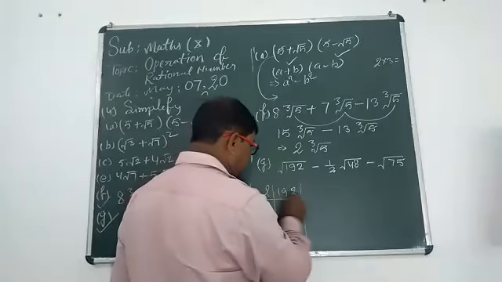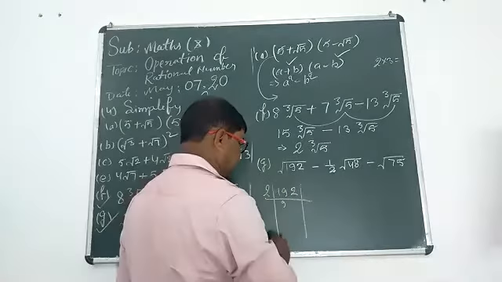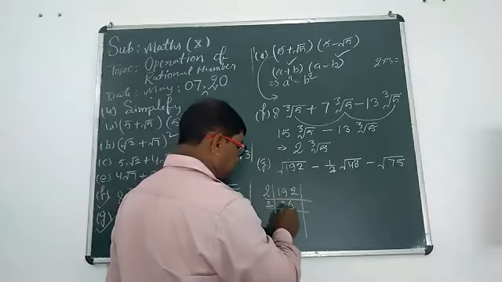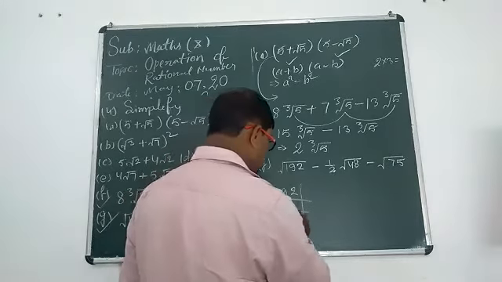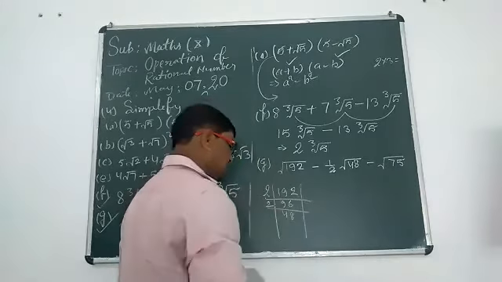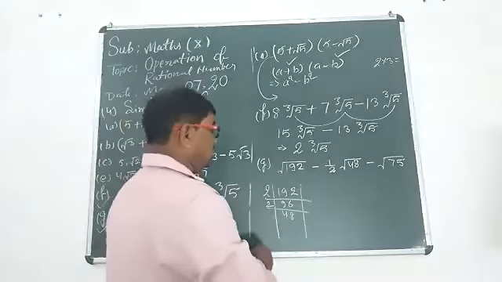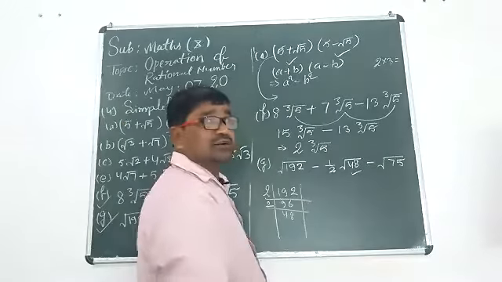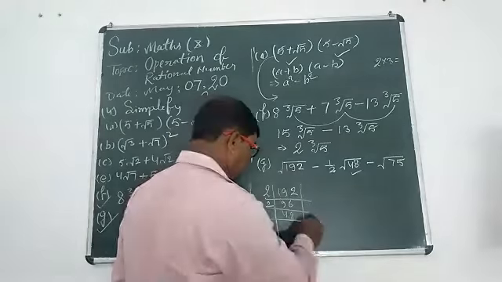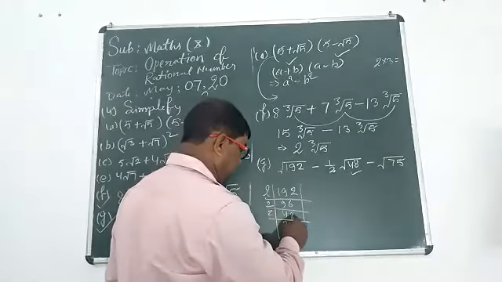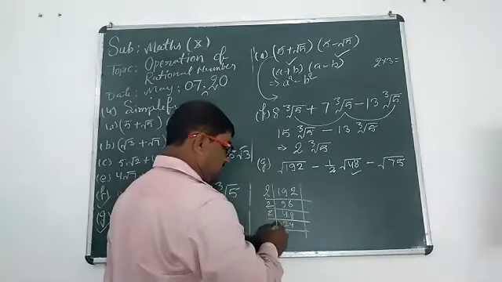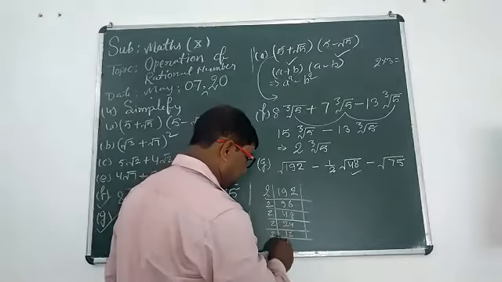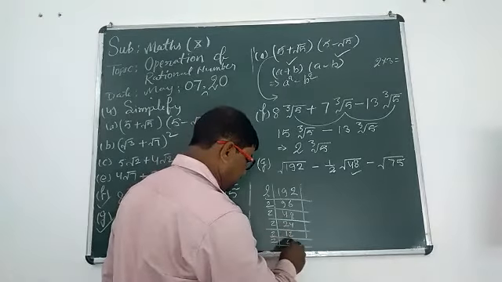You will divide by 2 first. 2 9 is 18, 2 6 is 12, 2 4 is 8, 2 8 is 16. So this is also 48. Now 224, 212, after that 2 6, after that 2 3.